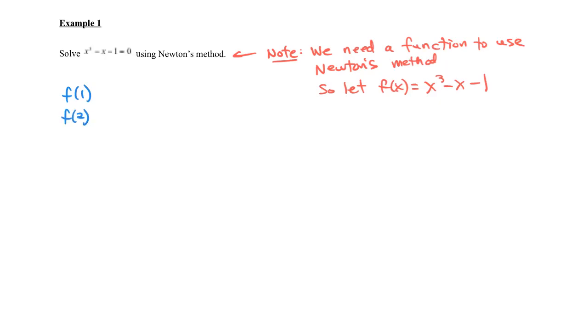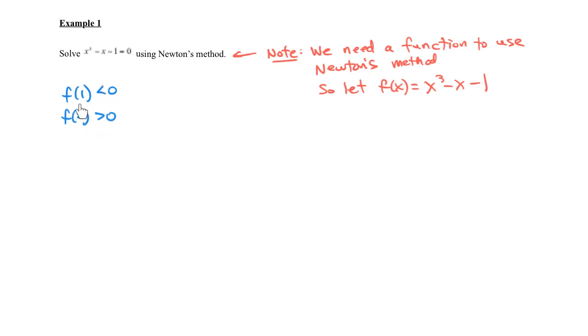If I plug a 1 in here, I'm going to get a negative number, which is easy to see. If I plug a 2 in there, I'm going to get a positive number. So if you remember the intermediate value theorem from section 2.5, it says if this is continuous, which it is, then it has to take on every value between f of a and f of b, where this is continuous on a and b.